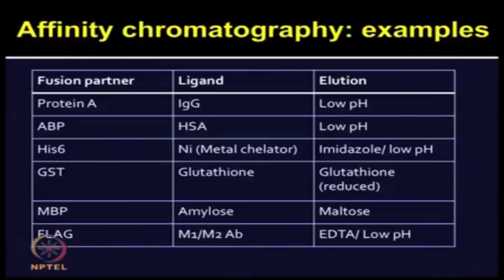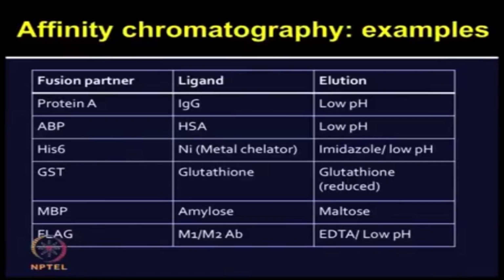ABP binds with HSA, and elution is again with low pH. 6-histidine tag binds with nickel NTA columns, the metal chelators, and imidazole or low pH conditions can be used for elution. GST, glutathione S transferase, binds with glutathione, and reduced glutathione is used for elution.